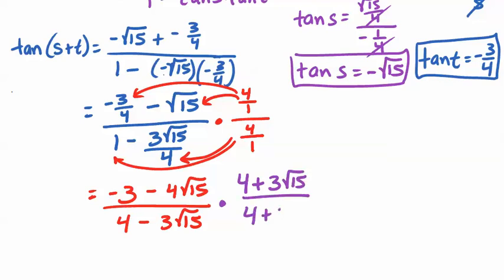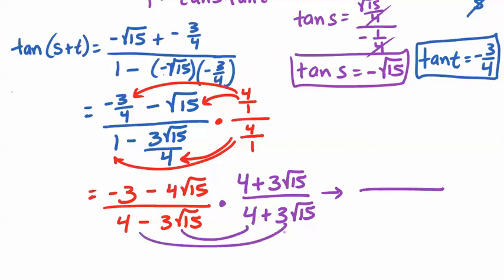The trick is to multiply by the conjugate. When it looks like a binomial, the trick works because when we FOIL, the outside and the inside combination are opposites and they cancel. So when we FOIL these two conjugates in the denominator, we'll get 16 for the product of the first terms minus 9 times 15 for the product of the second terms. In the numerator, they are not conjugates, so we've got to go through the entire distribution.